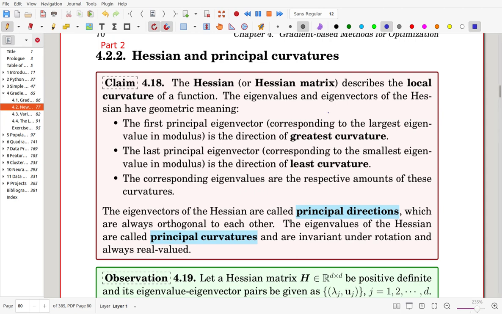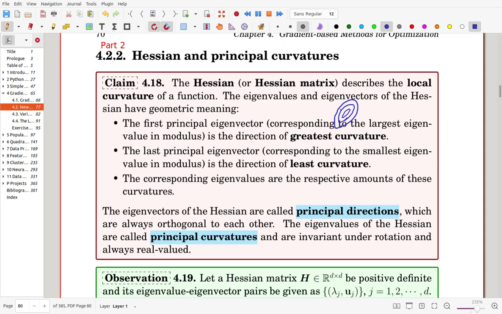For example, in 2D, we may consider a function given in this way. This is the contour plot, and the center is the minimum.